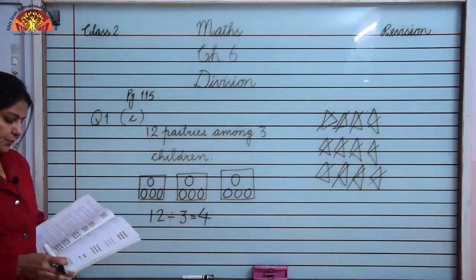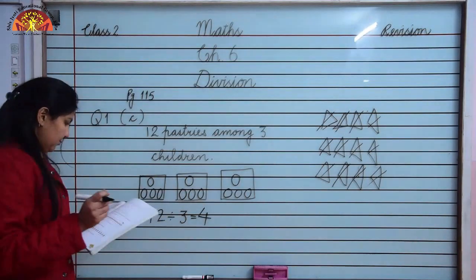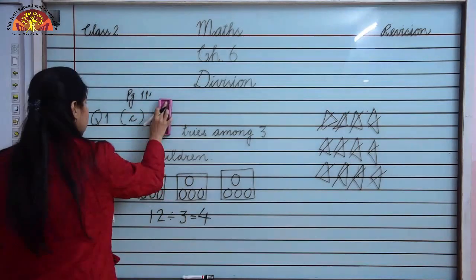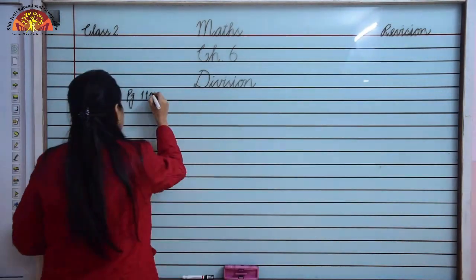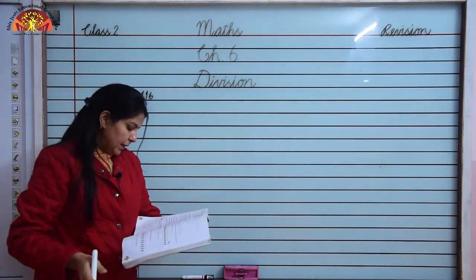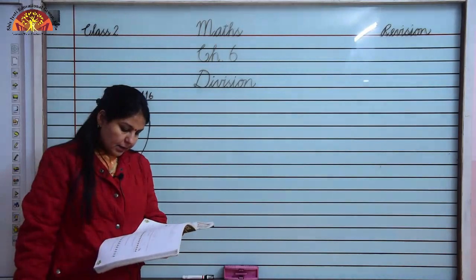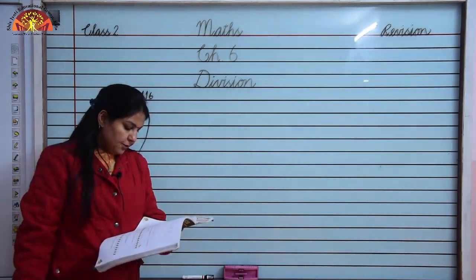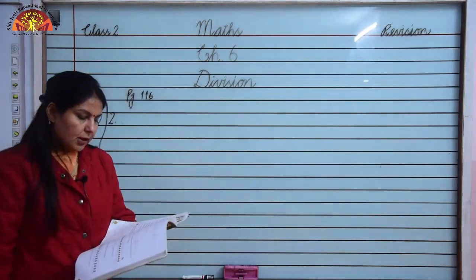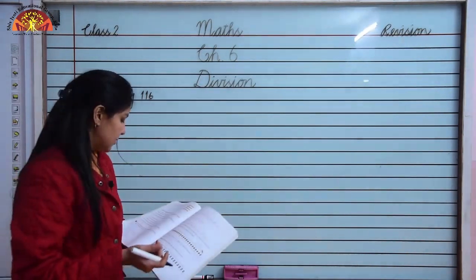Okay children, now we will see question number 2. This is on page number 116. Question is, divide by repeated subtraction, correct the numbers in the circles wherever needed. One example is done for you. Here we will divide the numbers by repeated subtraction.